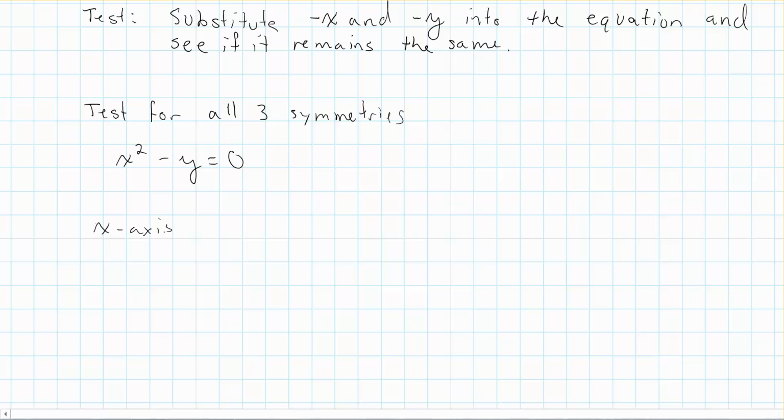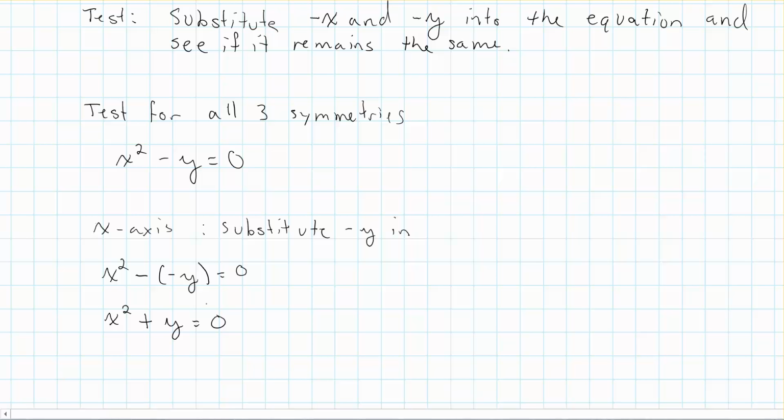So x-axis, remember we substitute negative y in. So you'd have x squared minus negative y equals 0. And then you simplify it. So if we simplify it, we have x squared plus y equals 0.